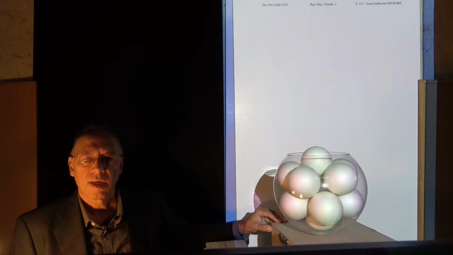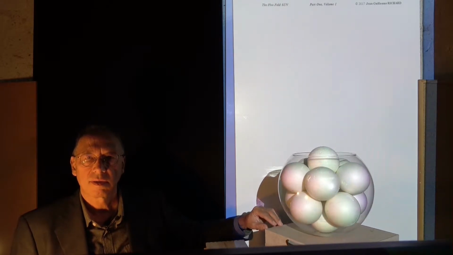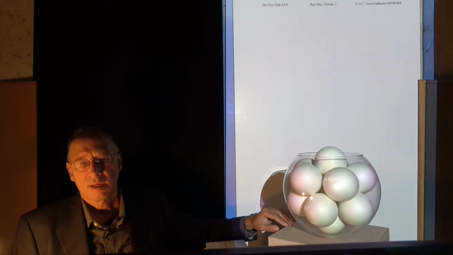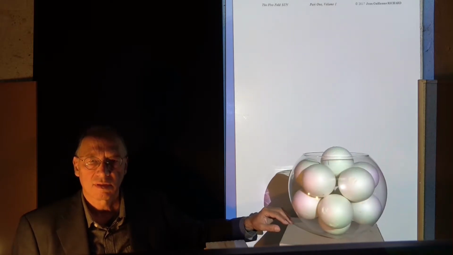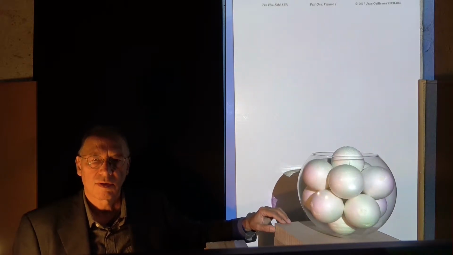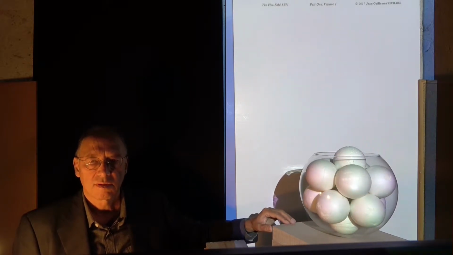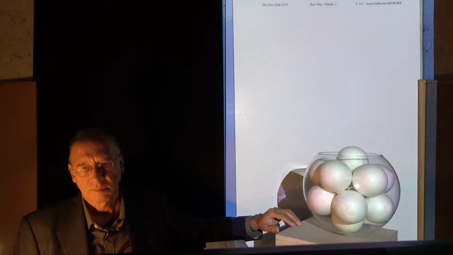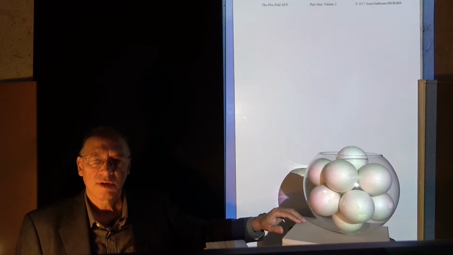You see a spherical glass envelope which has a certain radius, a certain diameter. In this spherical envelope fit a certain number of smaller spherical balls. We shall see how many there are.